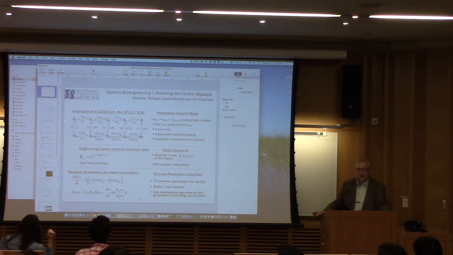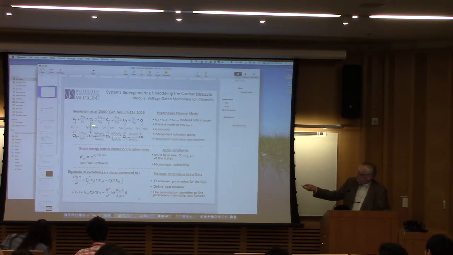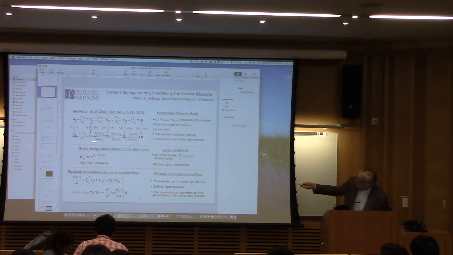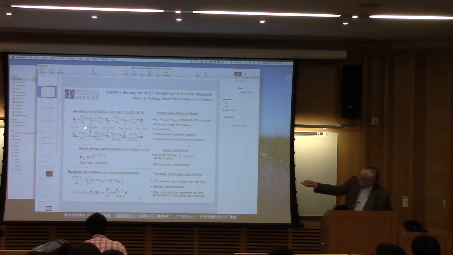But I want to talk about microscopic reversibility and why that is important in this particular channel model, since it has what we'll call loops, these pathways by which one can transition, for example, from C1 to C2 to CI2 to CI1 and back. So this is what I'm going to call a loop, and you can traverse that loop between this cycle of states in this direction or in this direction.